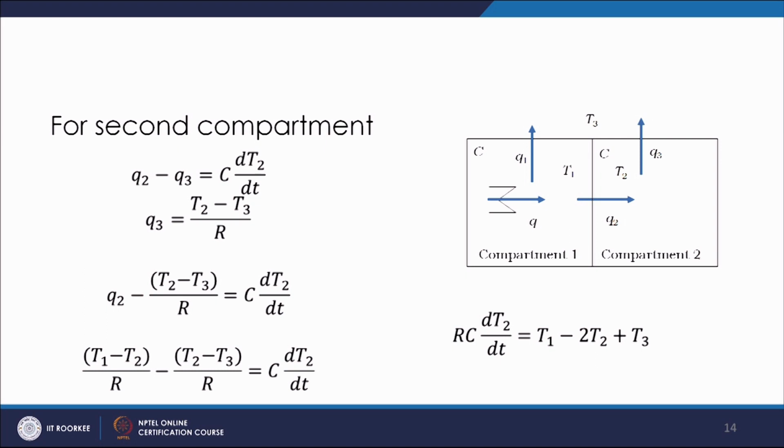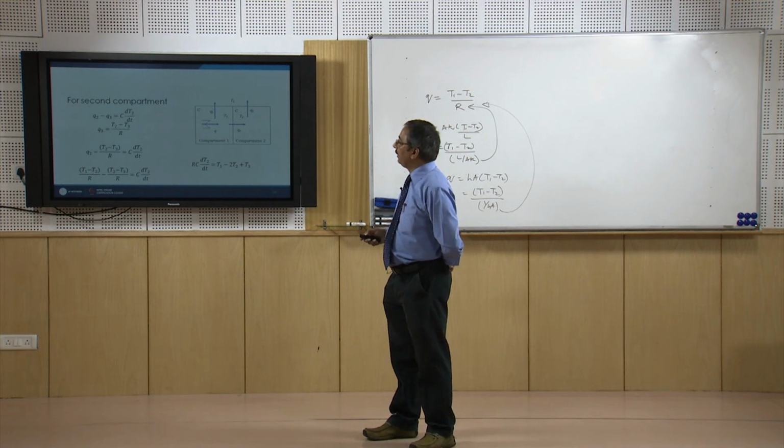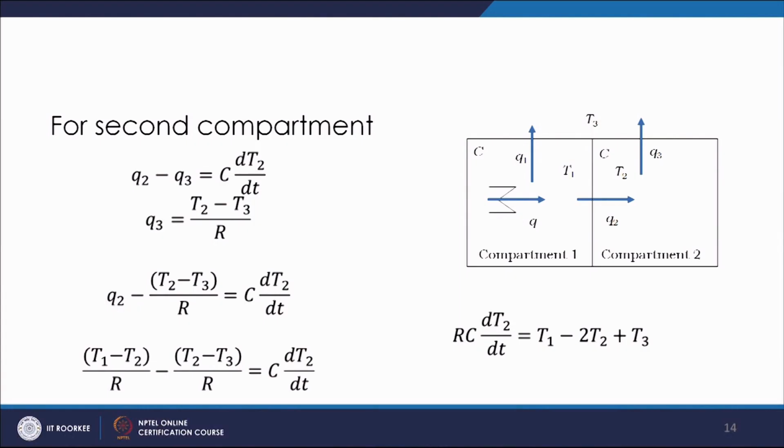So, the net heat influx is basically Q2 minus Q3, and this Q2 minus Q3 is equal to C dT2 by dt. This expression comes from the thermal capacitance, and I can write the expression for Q3 by defining the thermal resistance of the wall.